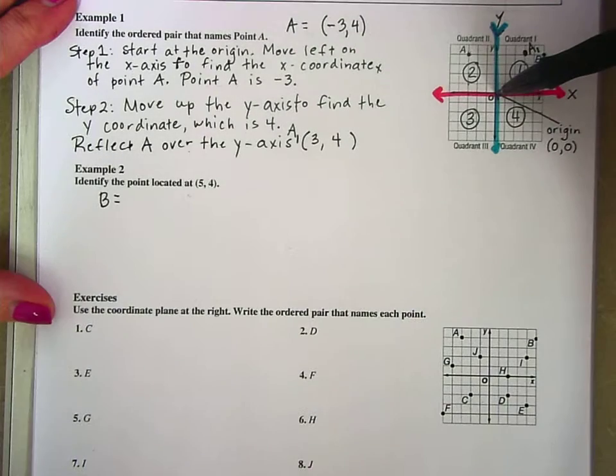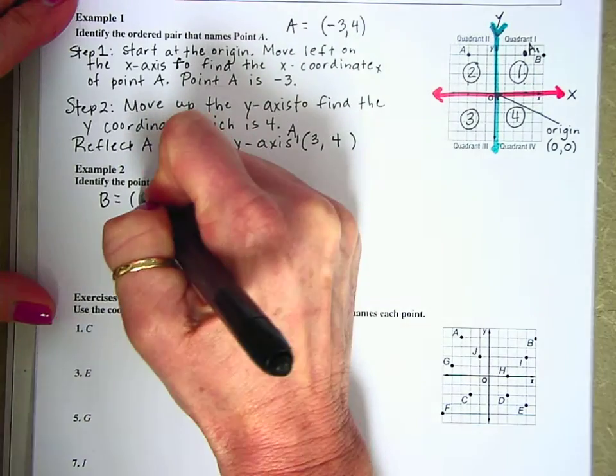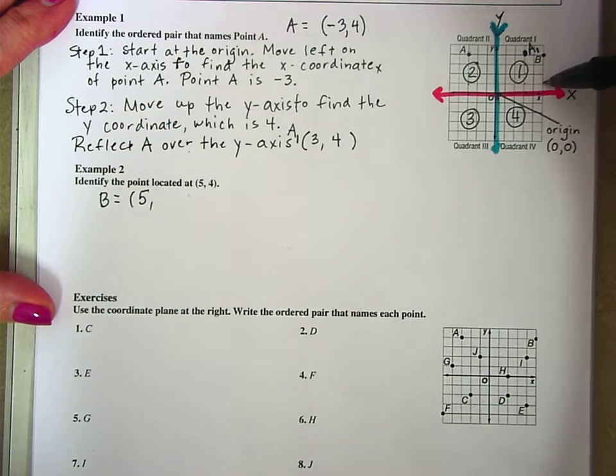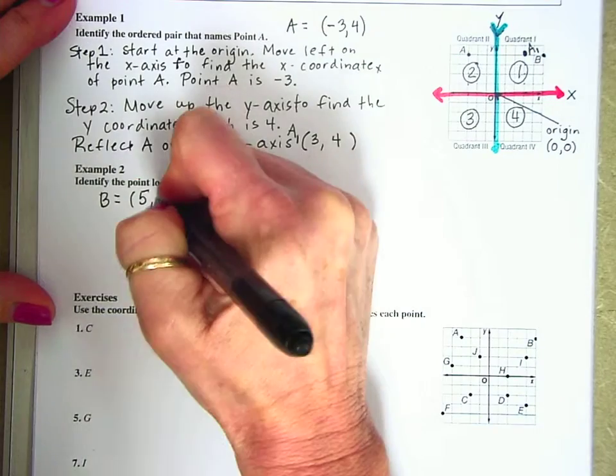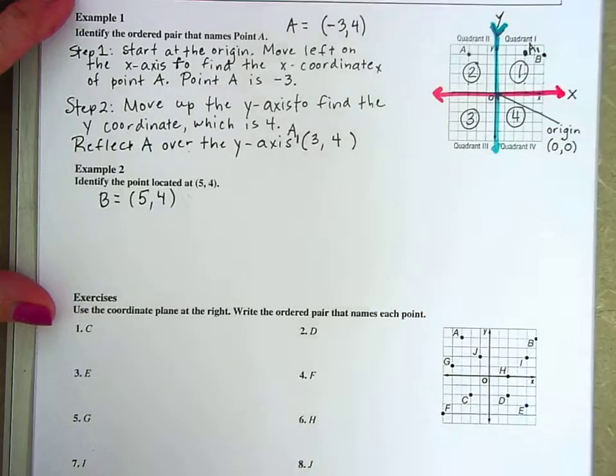We're going to go right 1, 2, 3, 4, 5. Okay, we're moving right, so that means it's positive 5. And then we're going to go up 1, 2, 3, 4, so it's positive 4. So B would be located at 5, 4.